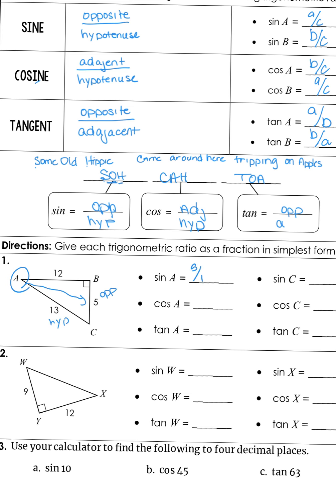So that's going to be 5 over 13. Cosine is adjacent over hypotenuse, so that's going to be 12 over 13. And then tangent is your opposite and your adjacent, so 5 over 12. So these little fractions tell you exactly which piece to put on top and exactly which piece to put on bottom.